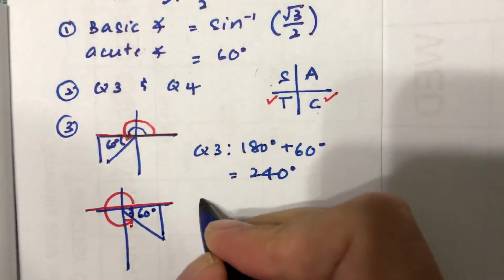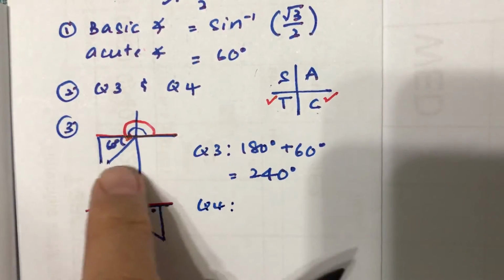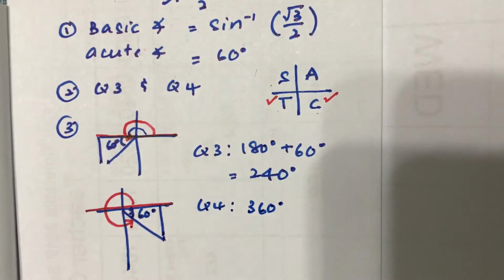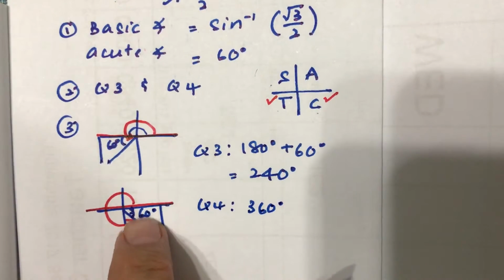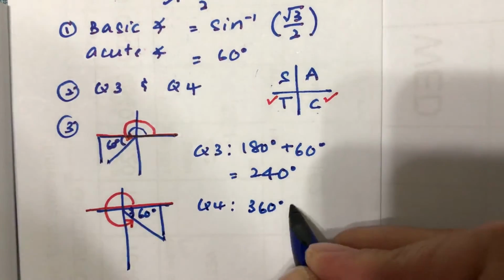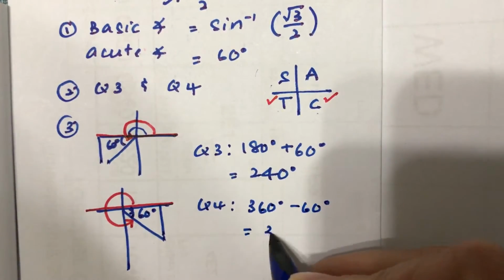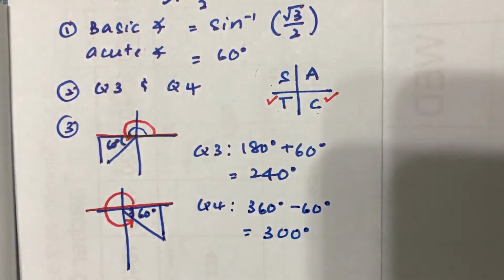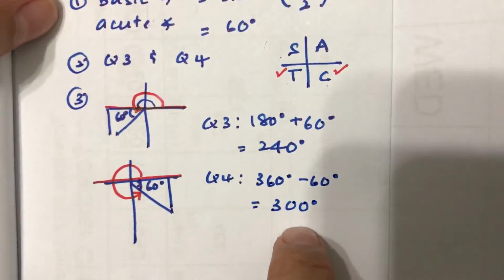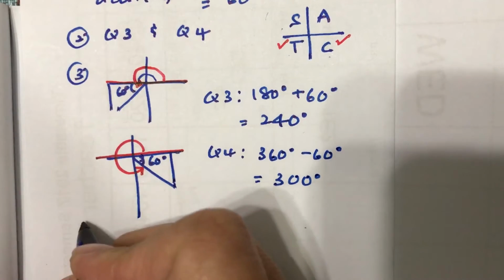Now, in quadrant 4, for a full circle, I will have 360. But now I have a basic angle of 60, which means that to find the red color angle, I'll just minus it off. So I will have 300. So the two answers that I have would be 240 and 300.